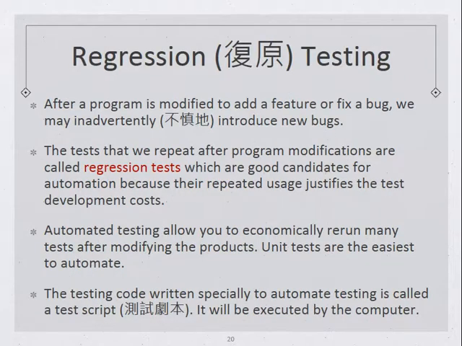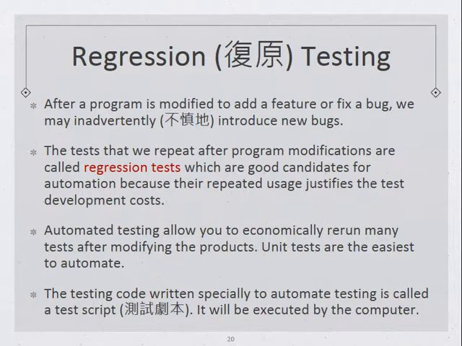One type of testing is called regression testing. Regression, the word means 復原. In the life of a program, programmers would need to fix bugs all the time. And as programmers, we probably all have experienced that when we go and fix one bug, actually we introduce another bug, right? That happens a lot.